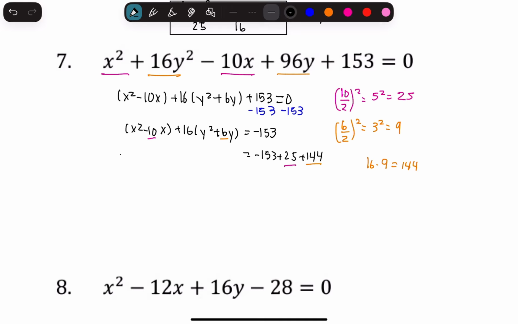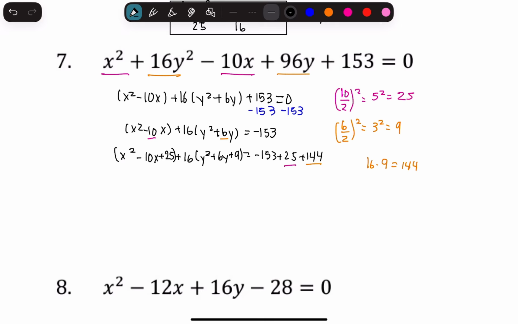So here you had x squared minus 10x plus 16y squared plus 6y. There's space here for us to add the 25, and then here we added the 9.